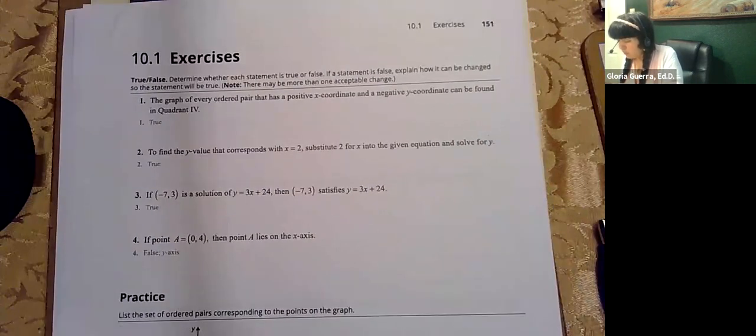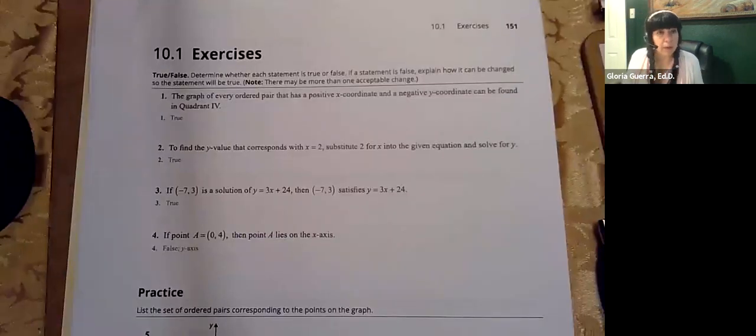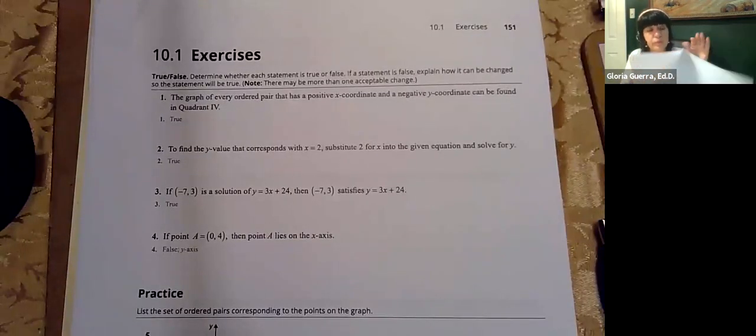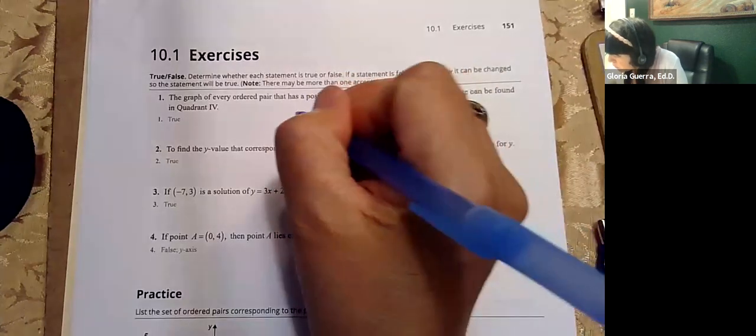Let's see, these are some of the ones from the workbook exercises. Let's see some of the true or false. It says that the graph of every ordered pair that has a positive x coordinate and a negative y coordinate can be found in quadrant 4. So here's quadrant 1, quadrant 2, quadrant 3, quadrant 4.